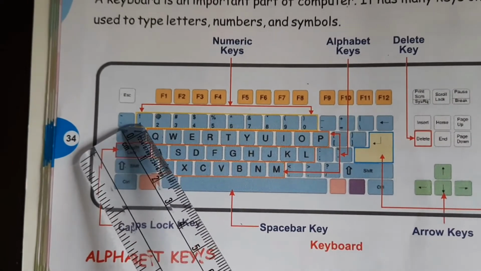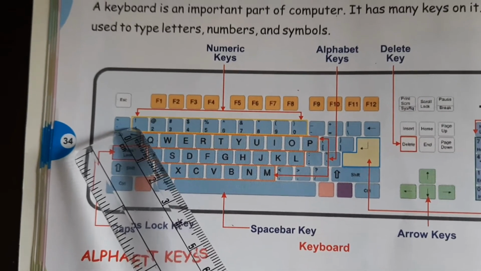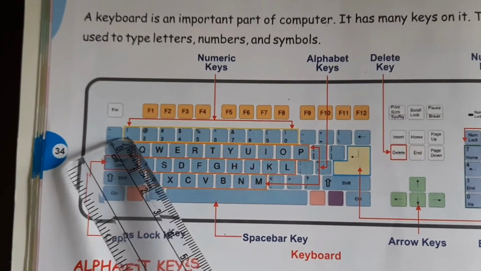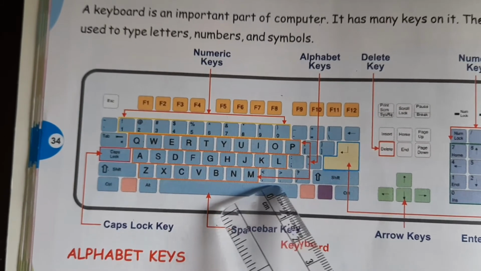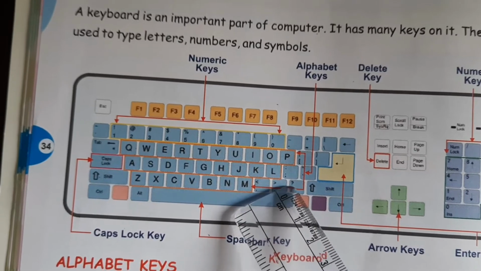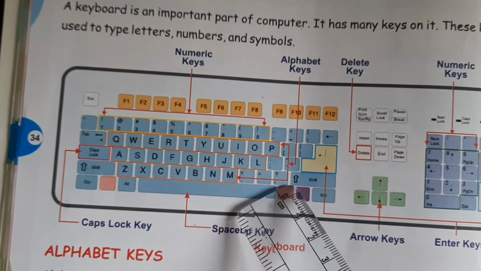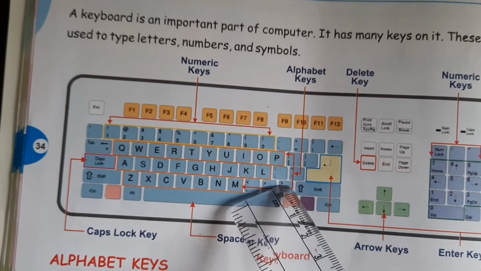Can you see this number 1 key? It has an exclamation mark on it. The number 1 key has an exclamation mark on it. Then here at the bottom you will find the full stop and the comma, right? And with that you have another key next to the shift key, which is a question mark.